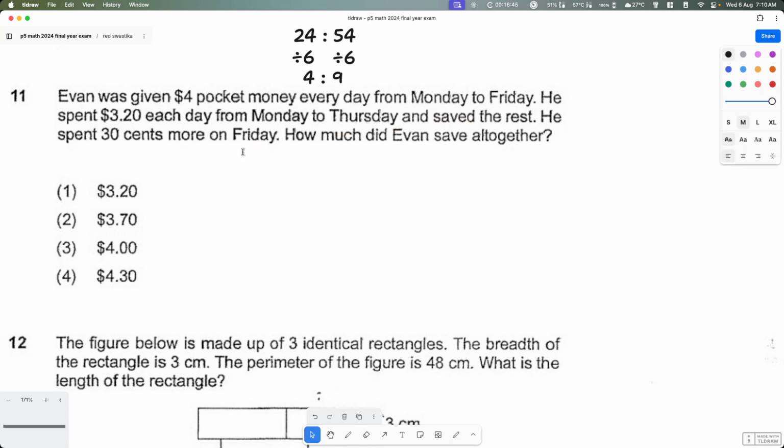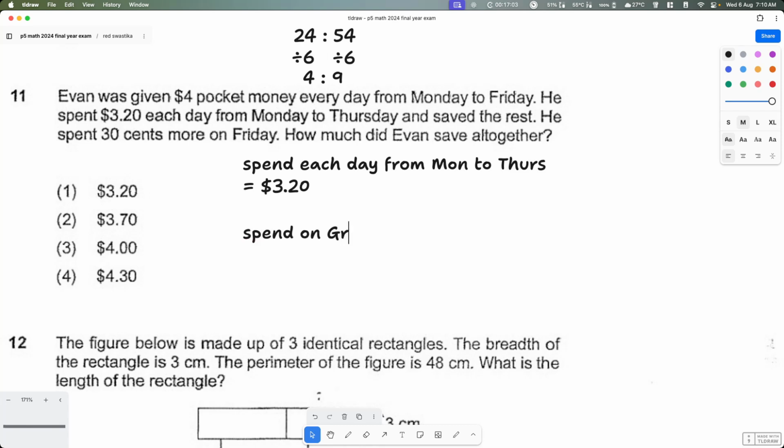So in this case, I would say spend each day from Monday to Thursday is equal to $3.20. Then spend on Friday, which is equal to 3.2 plus 30 cents, which is 0.3. So that means he spent $3.50.